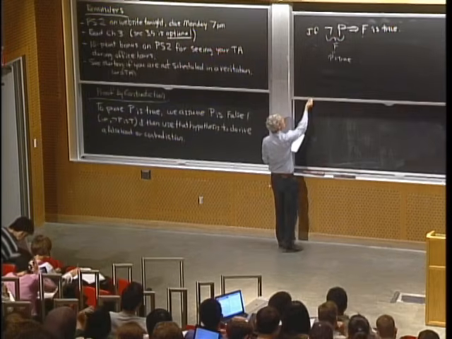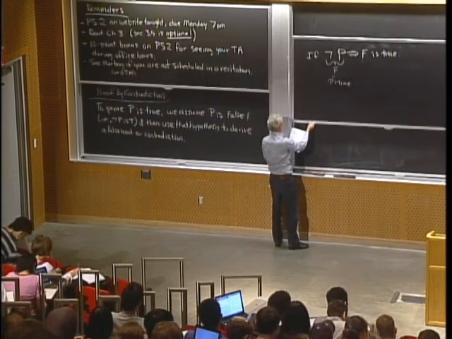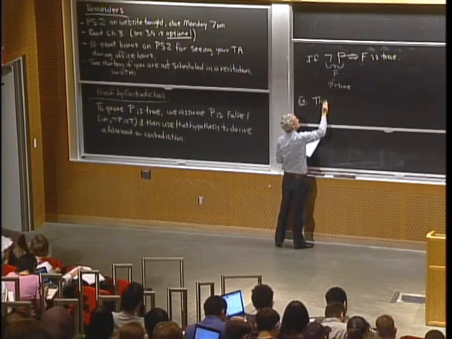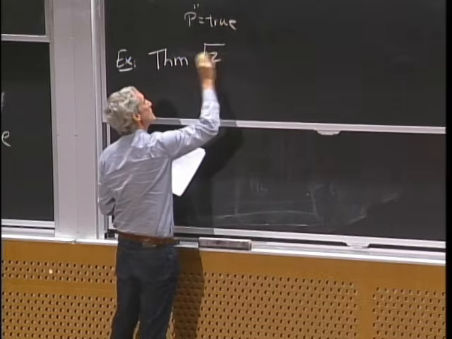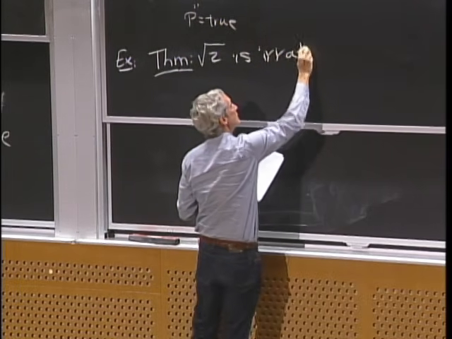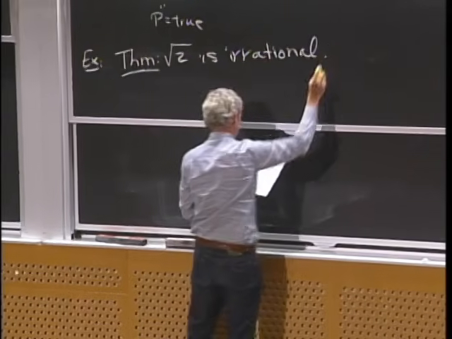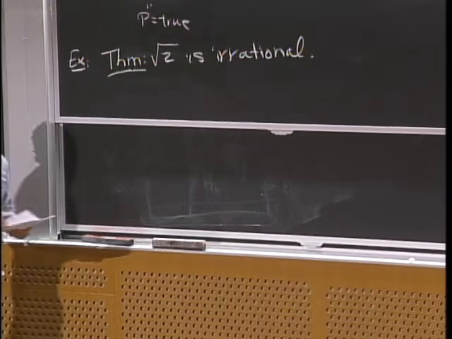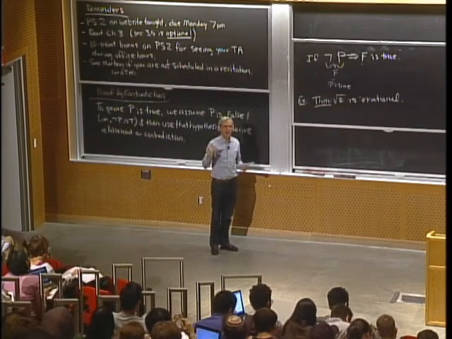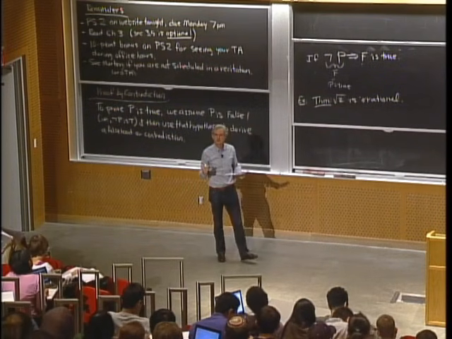Let's prove that the square root of 2 is irrational. OK, everybody knows what an irrational number is? That's something that can't be expressed as the ratio of integers.